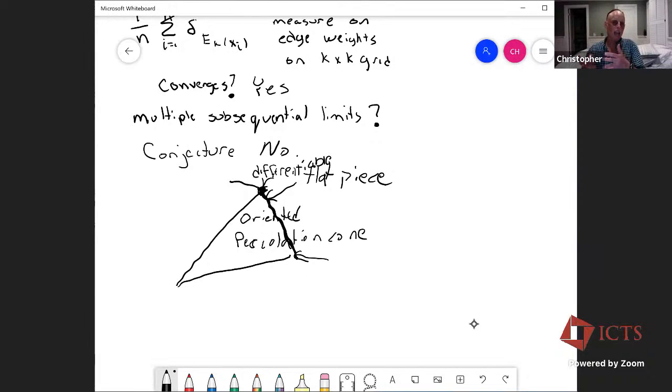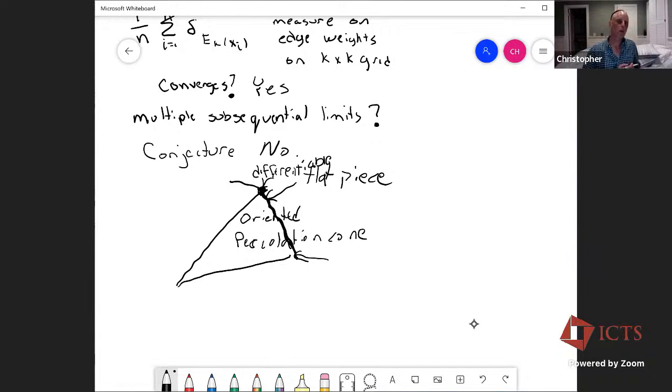And for each of these, I can get some measure along the geodesics, and these should be converging as the geodesics converge. So I should get one limit that corresponds with this edge of the cone here, and another limit that corresponds with this edge of the cone here.